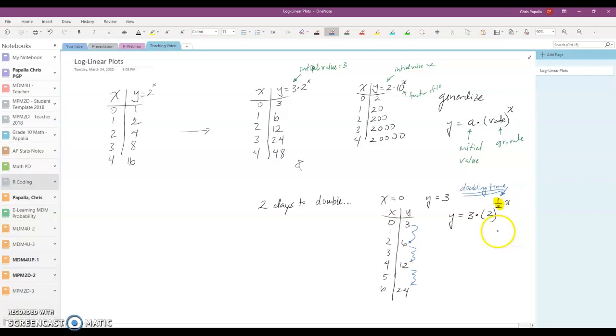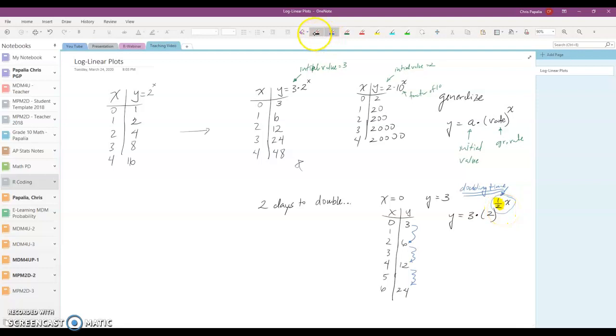When x equals 4, 4 divided by 2 is 2, so it's doubled twice. So this entire exponent is the value that 2 is raised to. But this 1/2 here will slow down that process. The smaller this number is, the more time it takes to double.